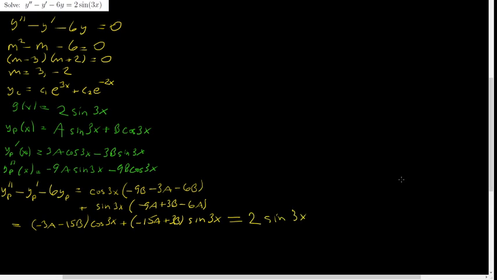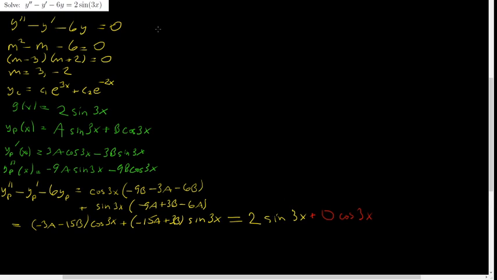That actually gives us two equations. You're just setting what's on the left and what's on the right equal to each other. The coefficient of sine of 3x is 2 on the right, and it's this on the left. And of course, there's a plus 0 cosine of 3x on the right.